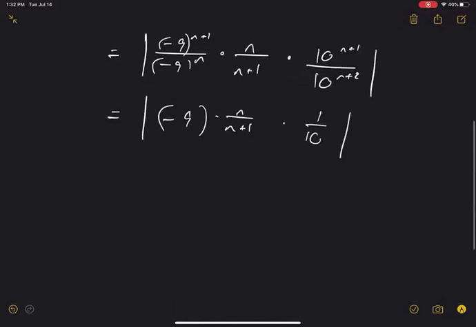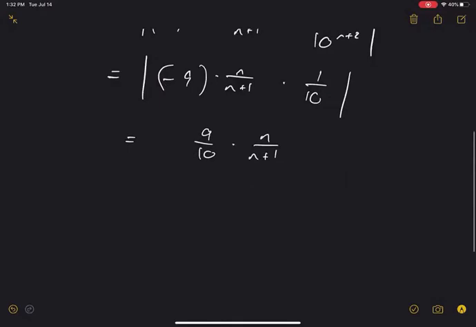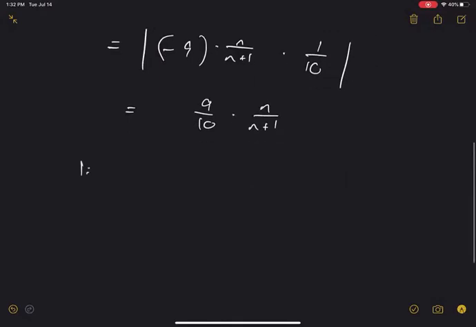I'm taking absolute values, so any negatives get knocked out. So that's my a_{n+1} over a_n. Now I want to take the limit of that as n goes to infinity.